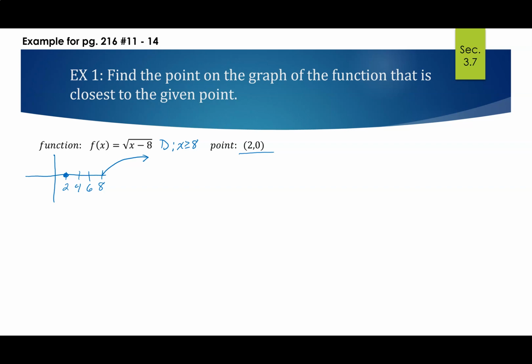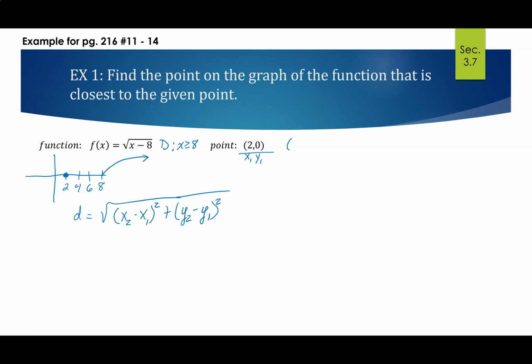So if we look at this, I want the closest distance, so I need the distance formula. So the square root of (x2 minus x1) quantity squared, plus (y2 minus y1) quantity squared. My (2, 0) is my x1, y1.